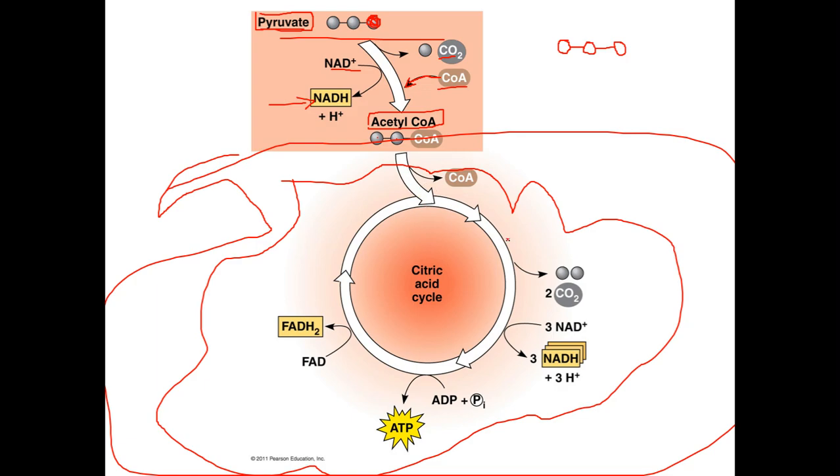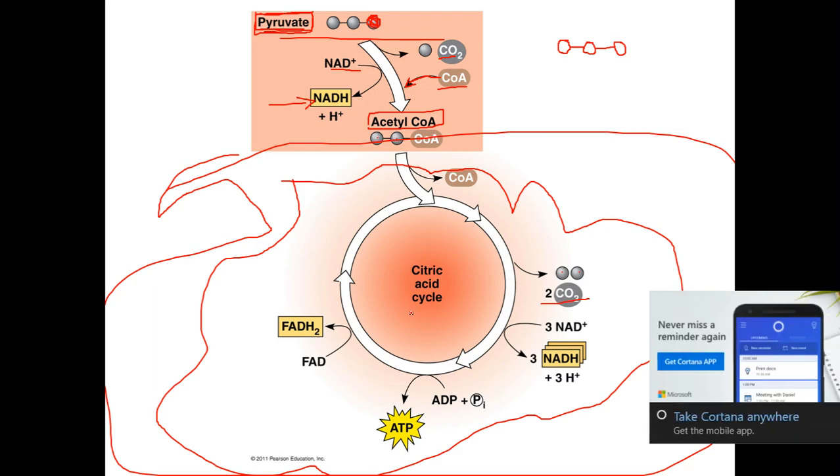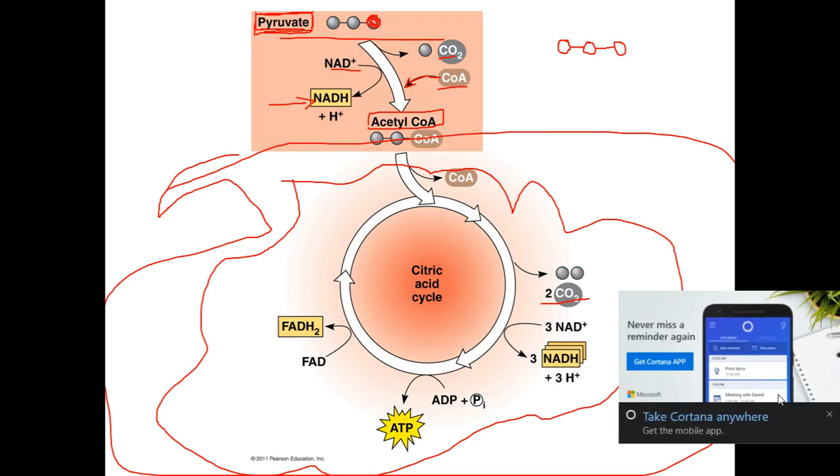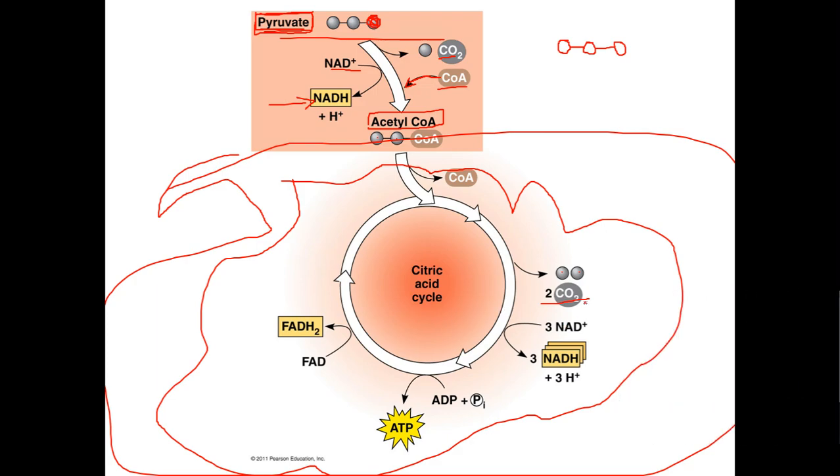Now inside the citric acid cycle, you see that these carbons are going to get broken off one at a time here, and they're going to leave as CO2. So the original carbon that we started with from the pyruvate, and originally from the glucose, by the citric acid cycle, it's gone. Thanks, Cortana. That's what I wanted right now.